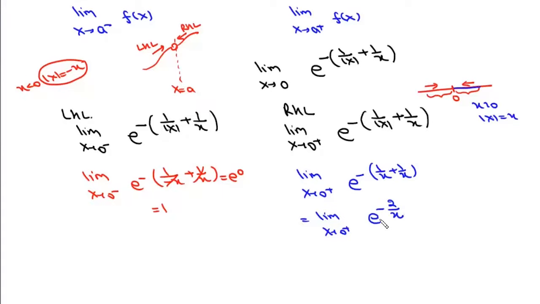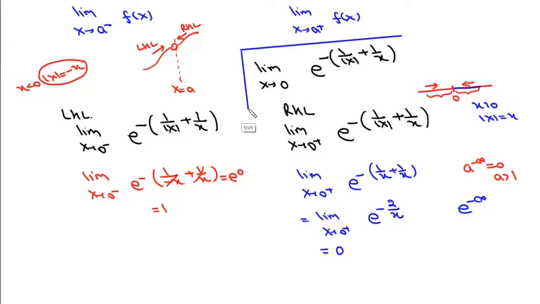Now if we use direct substitution to find its form, this is e to the power minus infinity. In the previous section we have studied a to the power minus infinity is 0 if a is greater than 1. Now the value of e is 2.7 something, so this is greater than 1, so the value of this right hand limit is 0.